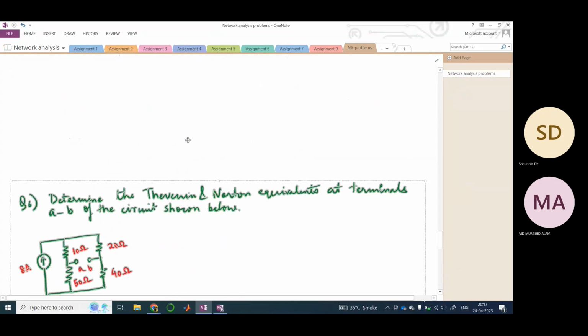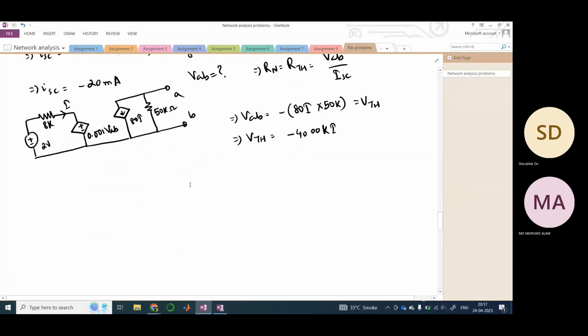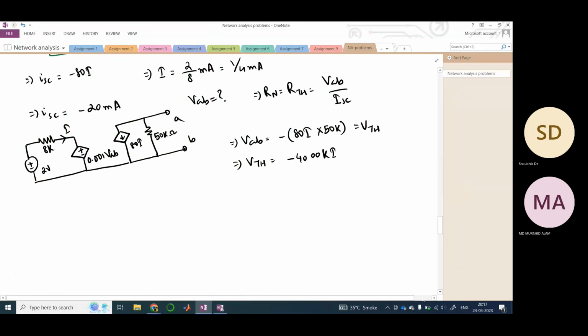Okay, I hope this much space will be sufficient. Yeah. So now we need to apply this KVL in this loop. So this would be how much? 2 minus 0.001 VAB is nothing but VTH, and this would be equal to 8K I1.